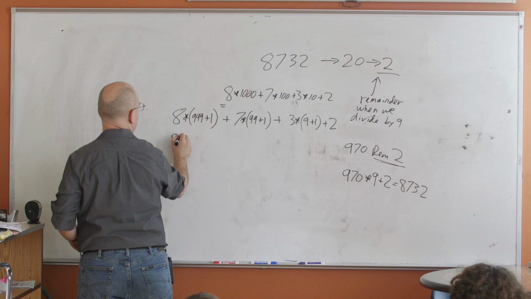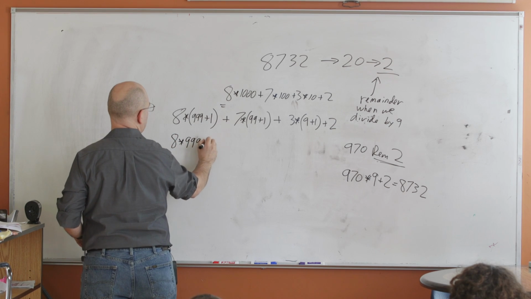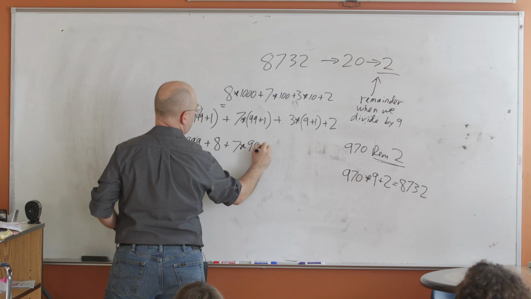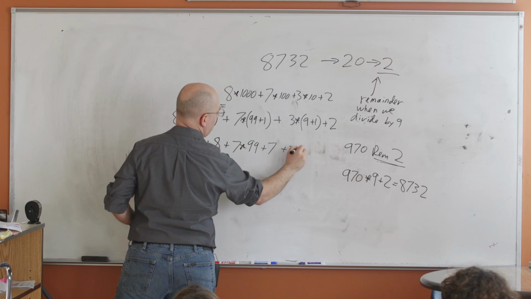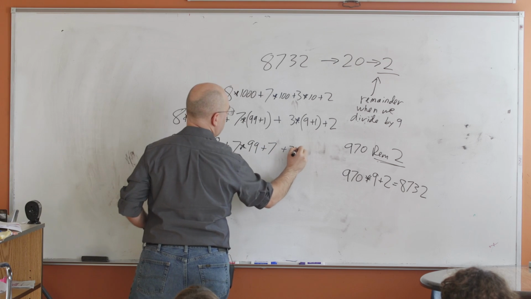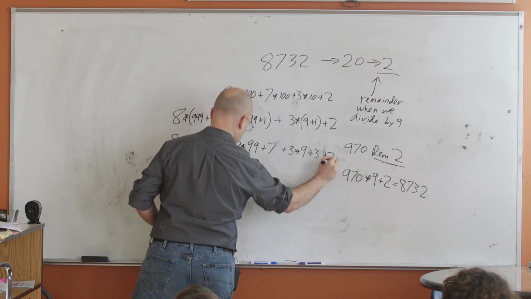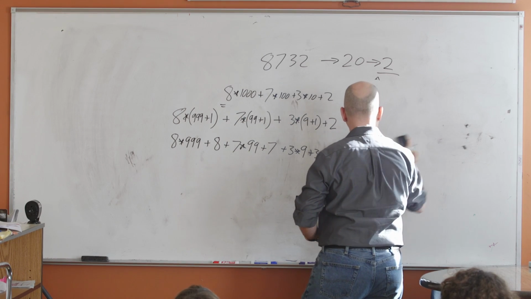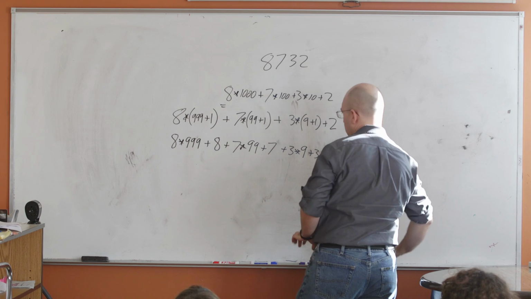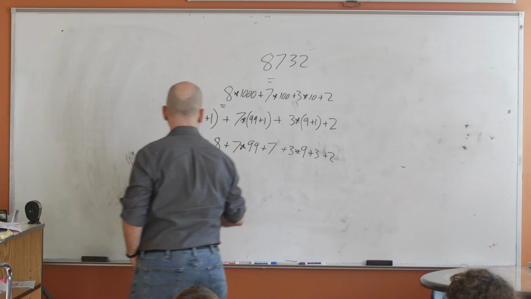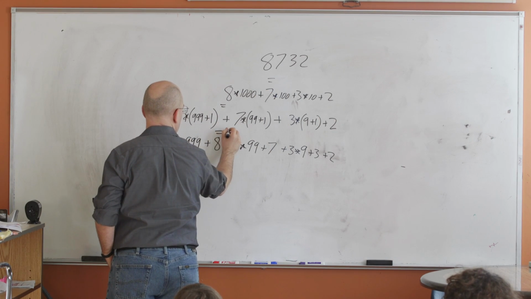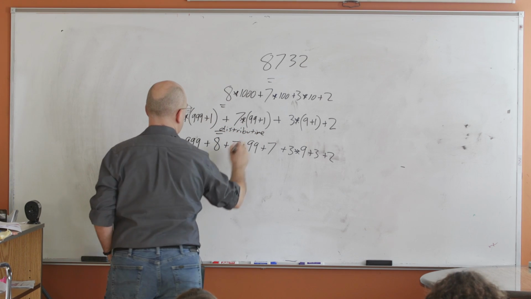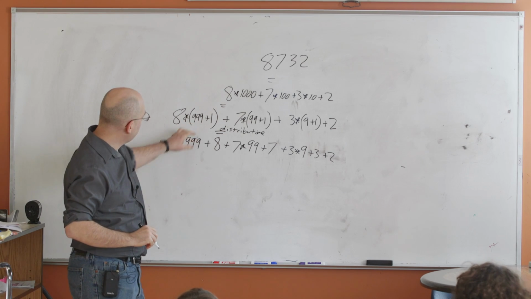8 times 999 plus 8, plus 7 times 99 plus 7, plus 3 times 9 plus 3, and plus 2. So we've got the distributive rule doing this.